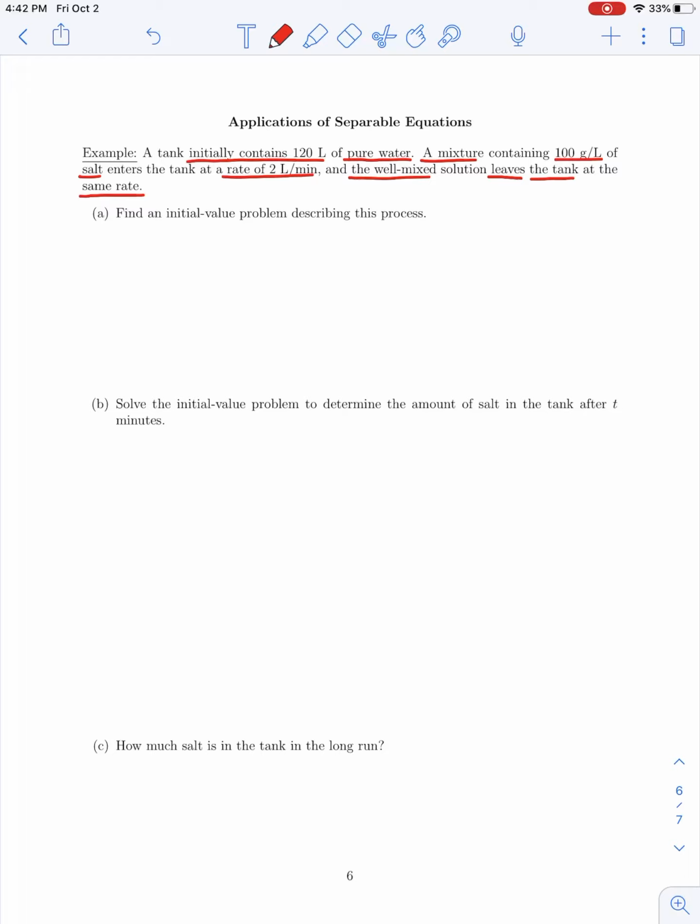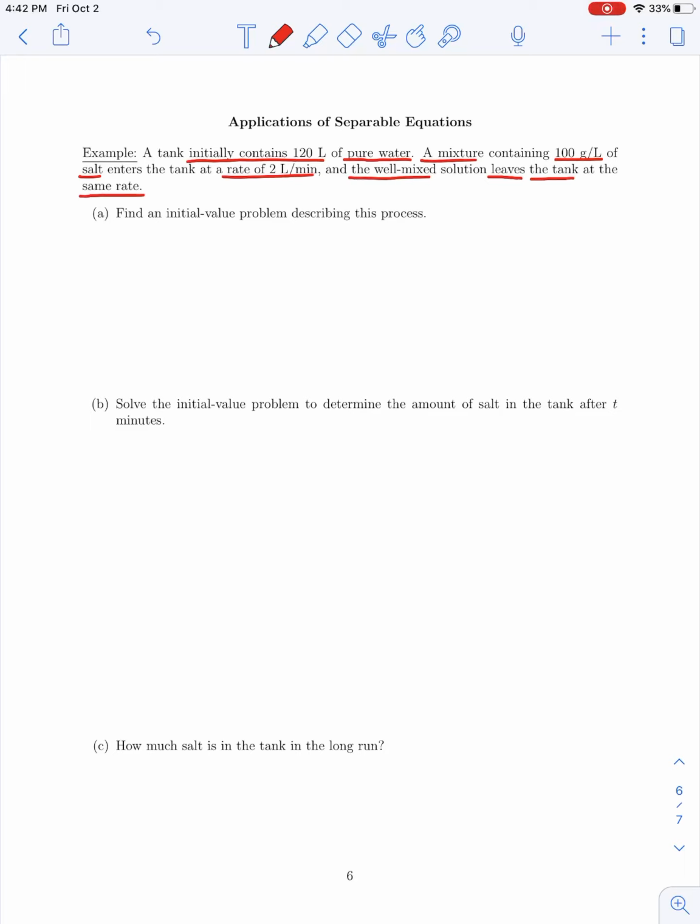So if we want to solve for the amount of salt in the tank, we're going to make use of a differential equation. All we're told is information about the rate at which the amount of salt in the tank is changing. So we're given information about the derivative, or the rate of change of the salt content over time.